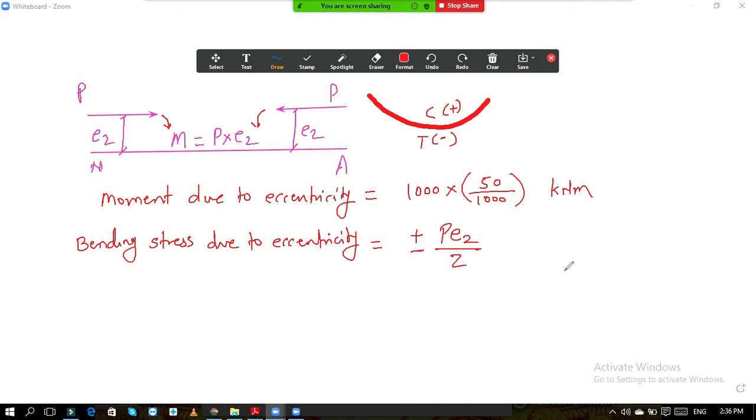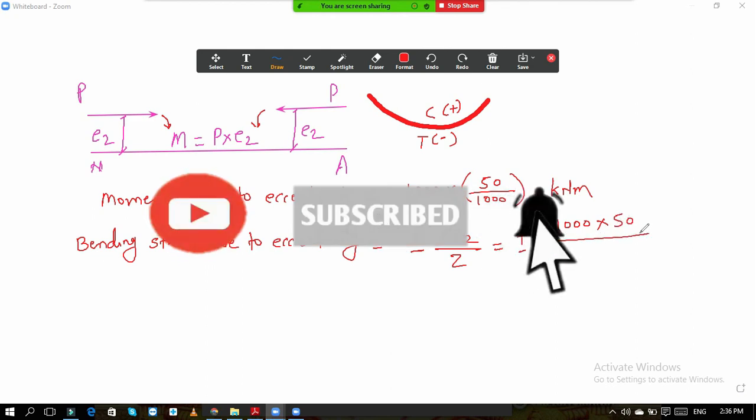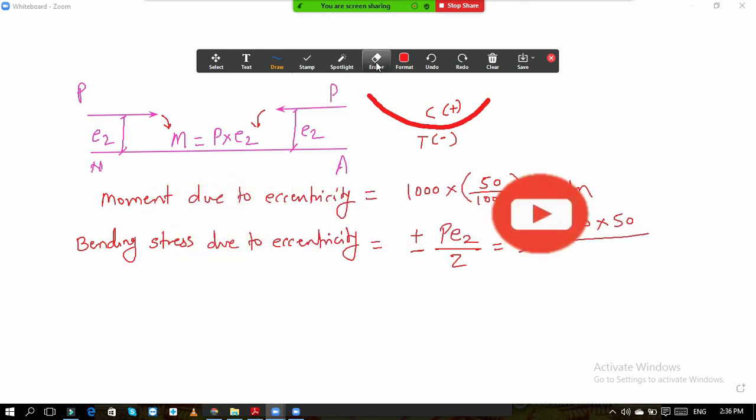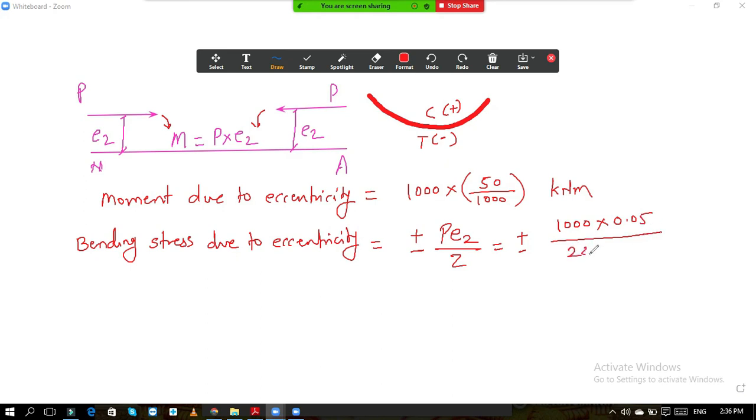So this will be plus minus, which is equal to plus minus P, which is 1000, into, sorry, it is not 50, we need to convert this. So it is 0.05 divided by Z, which is 24 into 10 to the power 6.